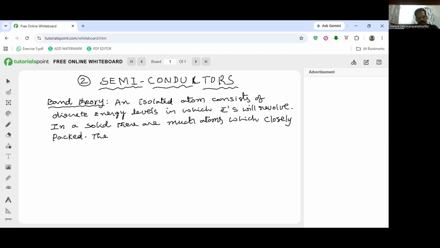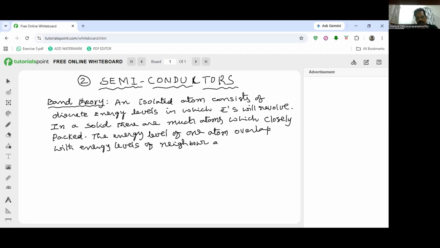So the energy levels of one atom overlap with the energy levels of neighboring atoms, and there forms energy bands.